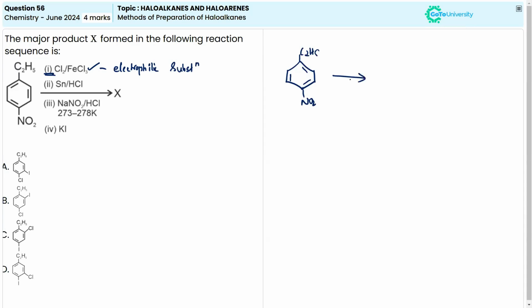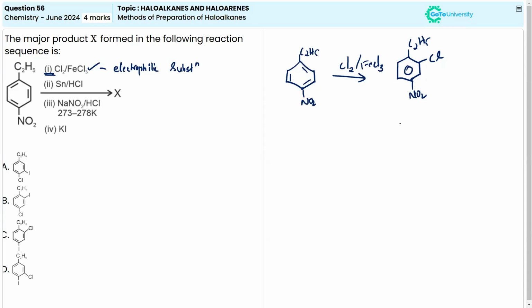Because in presence of FeCl3, which is a Lewis acid, this chlorine can act as an electrophile. So this electrophile can remove one hydrogen from benzene and produce the substituted product, meaning the hydrogen will be substituted by chlorine, but other substituents will remain unaffected.